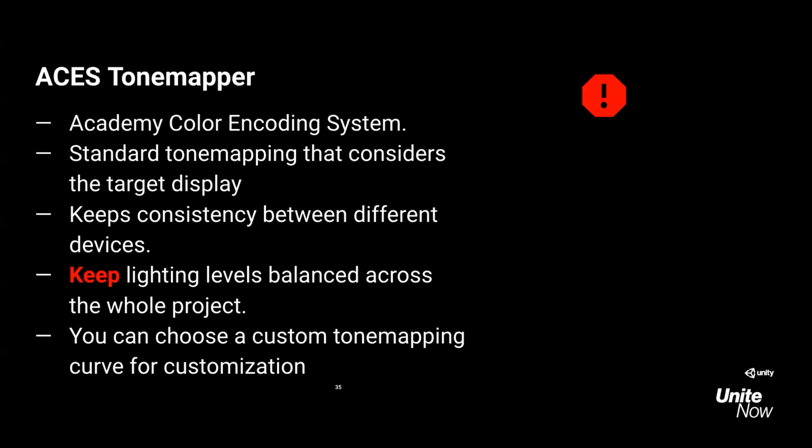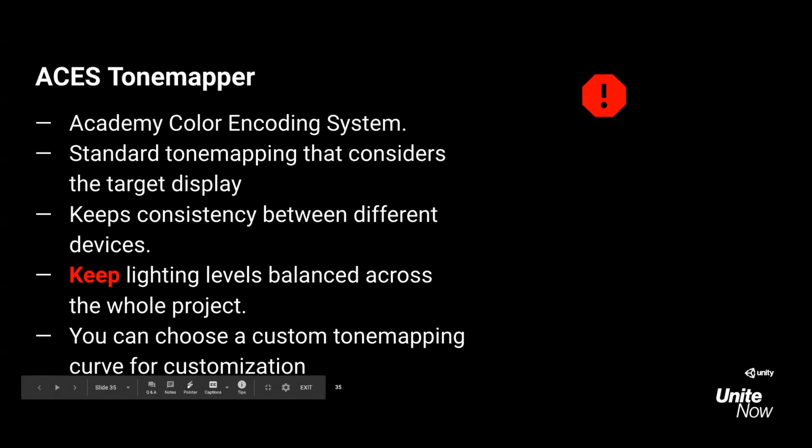So here is where the tone mapping enters. Tone mapping needs to deal with our rendering going outside the 0 to 1 range, and also needs to consider that the screen that will display that image can have 100 nits, 80 nits, 1,000 nits, or maybe more. So tone mapping needs to consider those two cases.